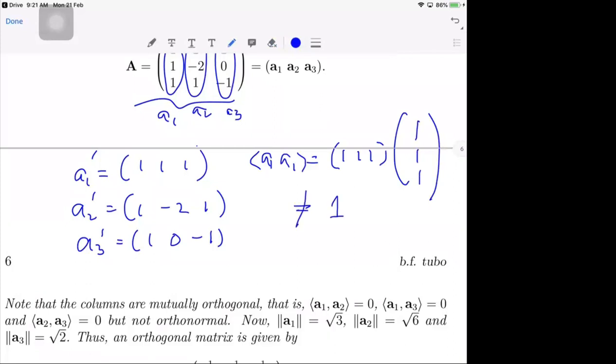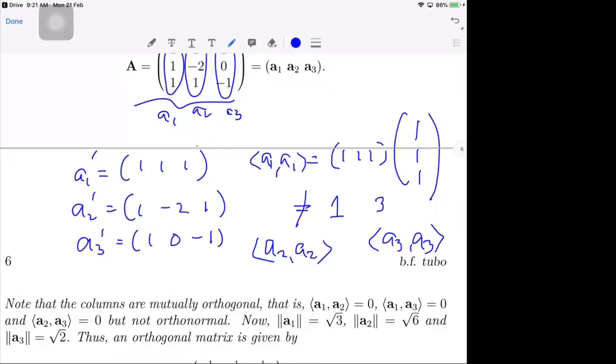Actually, it is equal to 3. You can do that for all the inner products of each vector with itself, and it's not equal to 1.